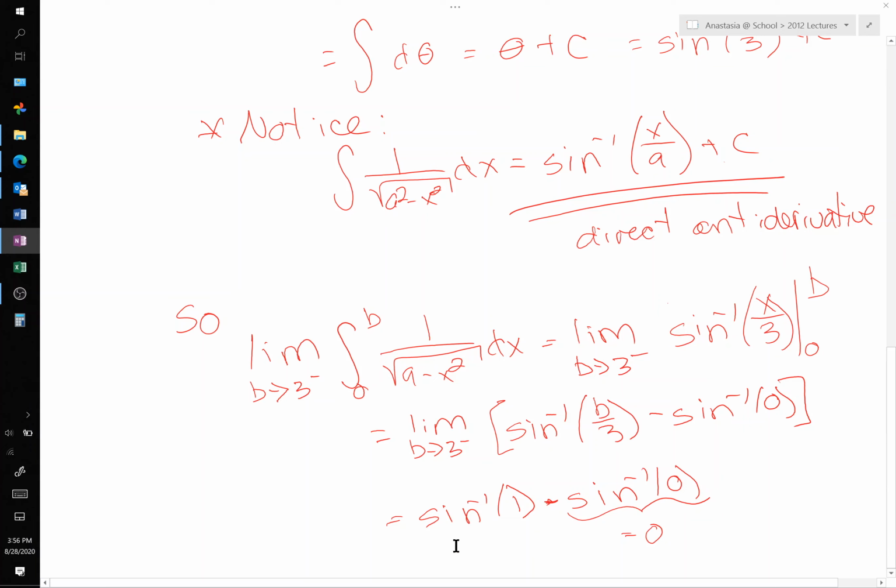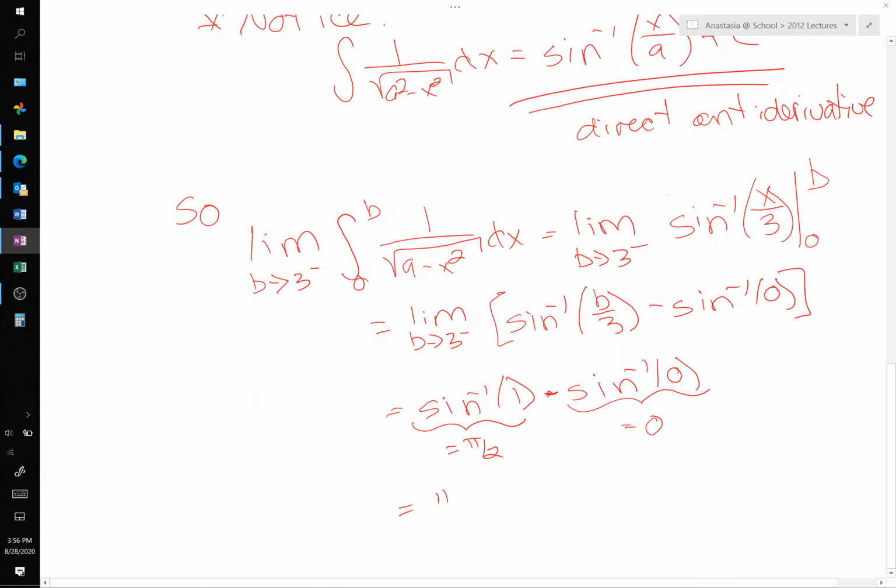Inverse sine of 1 is an angle that gives you a sine value of 1, so that is pi over 2. So our final answer is pi over 2. The integral from 0 to 3 of 1 over the square root of 9 minus x squared dx is equal to pi over 2.